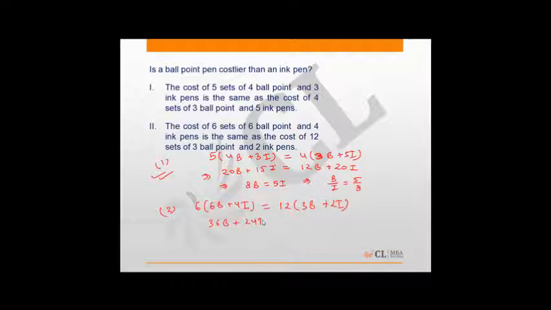This gives you 36B plus 24I is equal to 36B plus 24I. Obviously these two quantities are equal, so we do not get anything from this data. That means statement B alone is not sufficient. This does not give you any extra information, right? So A alone is sufficient, B alone is not sufficient. That means I have to mark option A. That is my final answer.